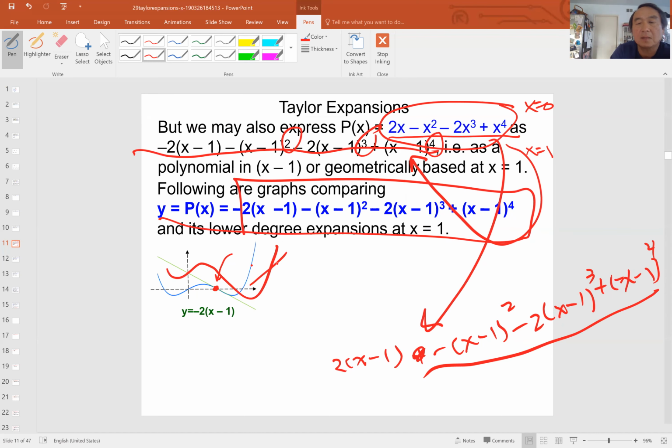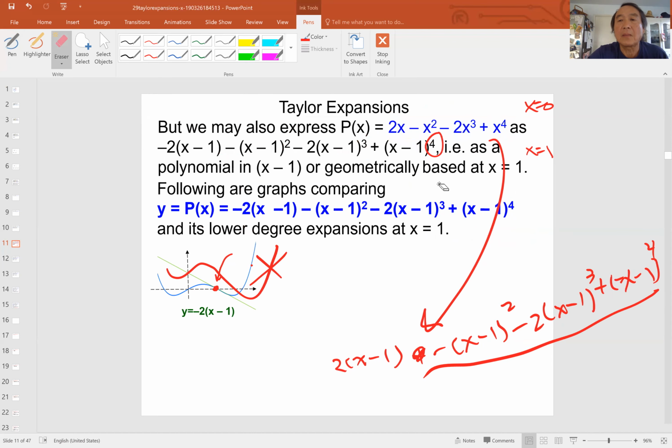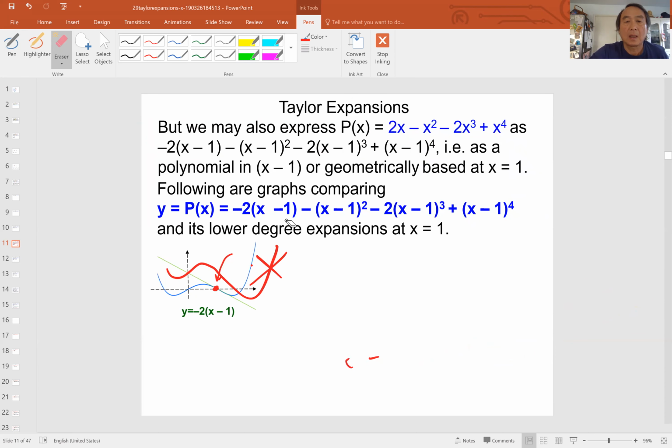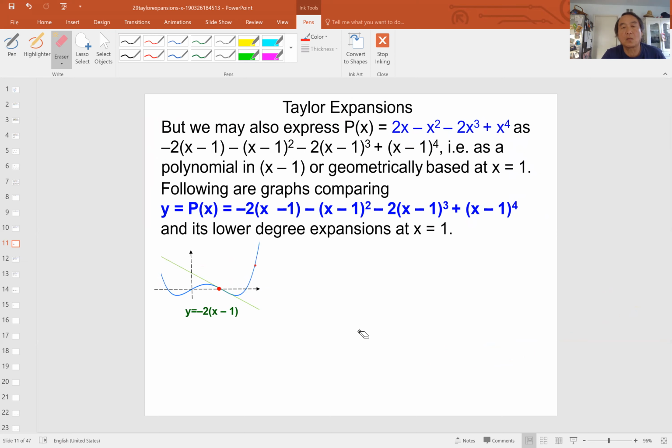We're not talking about shifting the graph. What we are saying is that the polynomial can be written in x or in x minus 1, and the one in x minus 1 is the one we are going to calculate.